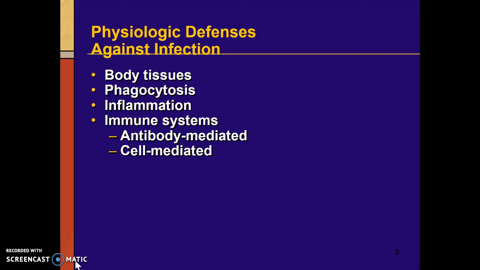You have what's called phagocytosis, when your white blood cells and other blood cells try to fight off the germ. You often have inflammation, which is containing the infection to a certain area. And then in your pathophysiology information, you'll get more information about immune systems and antibody-mediated and cell-mediated types of immune systems.